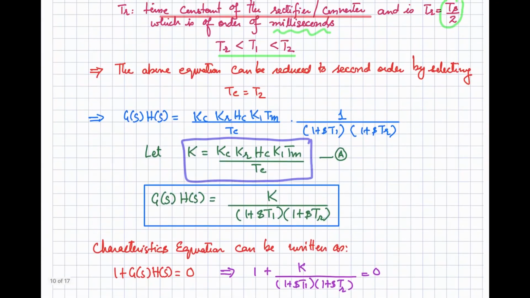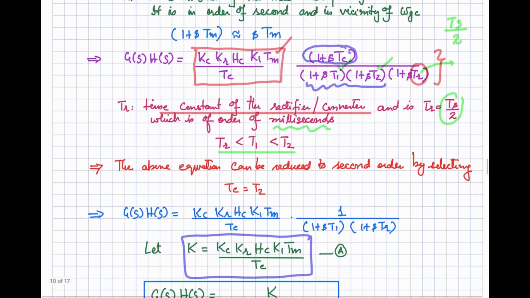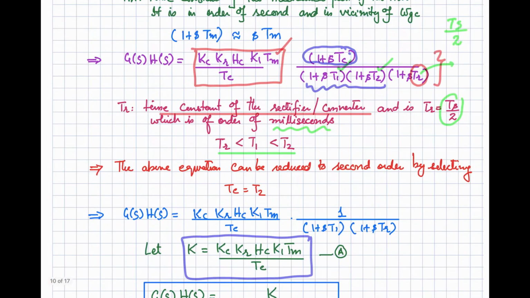What is that approximation? That your Tm is quite large. That's the time constant of your mechanical system, and Tr is quite small as compared to your T1 and T2. And if you select Tc equal to T2, in that case you can represent it with the second order system, because these two will be cancelled out. So we have approximated it with the second order transfer function.